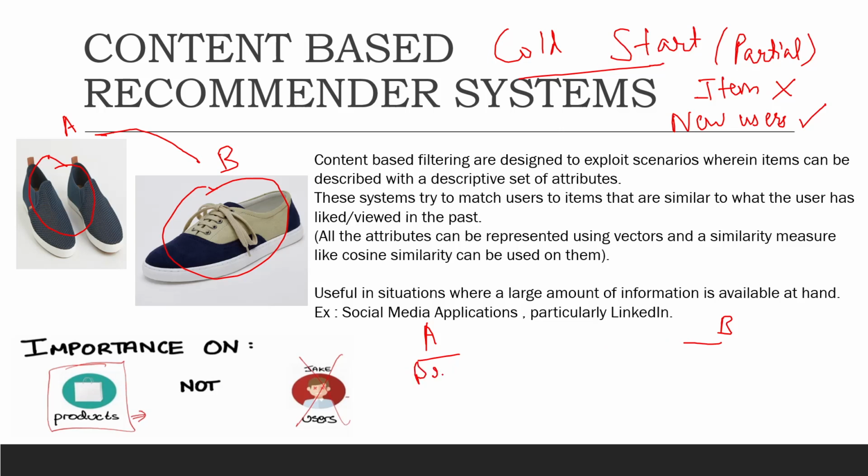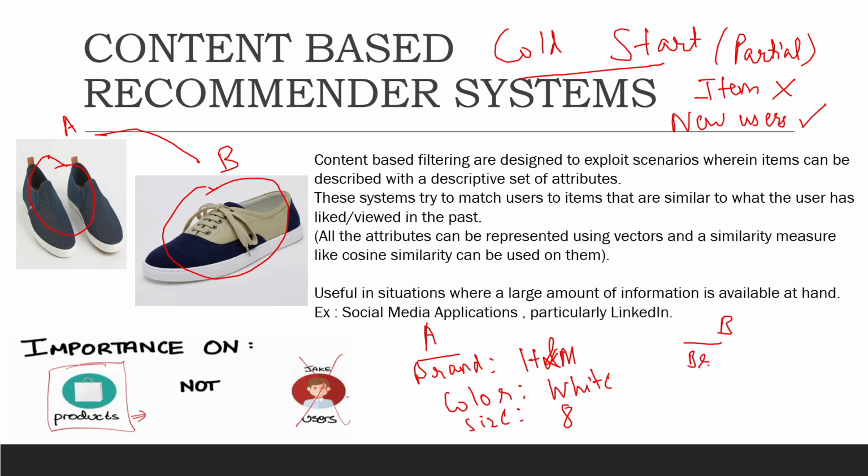Let's say brand as one key, and we say this is H&M, and color of sole. This is not the entire shoe color, but just the sole's color. This is white. And then similarly we can say that the size is 8. Now that's for product A.